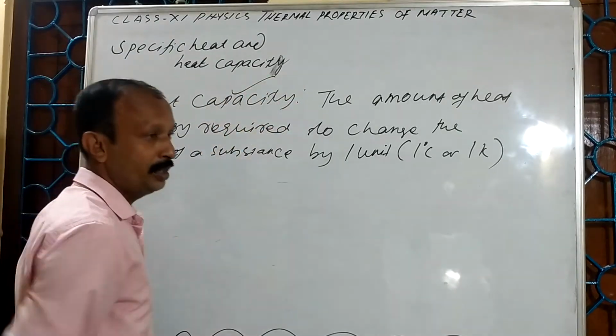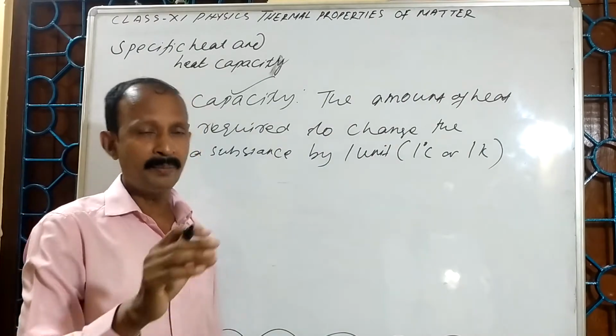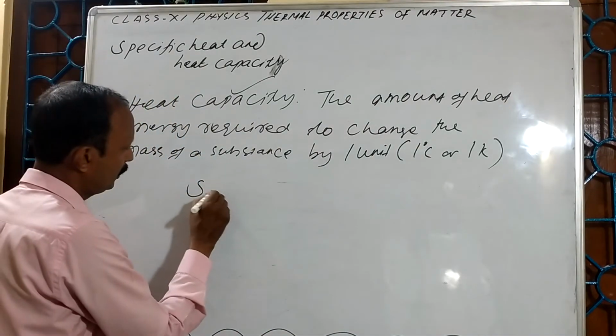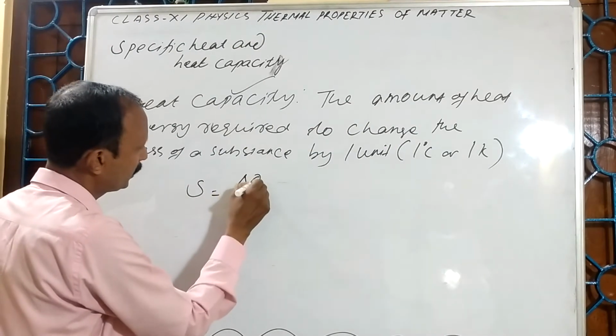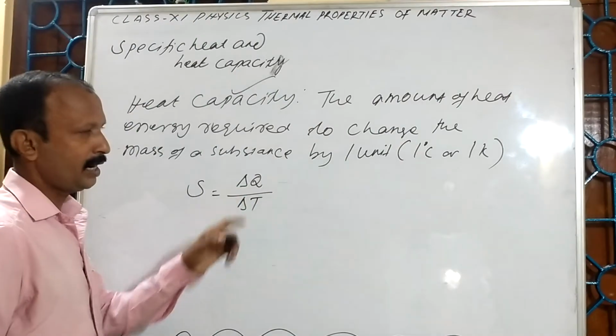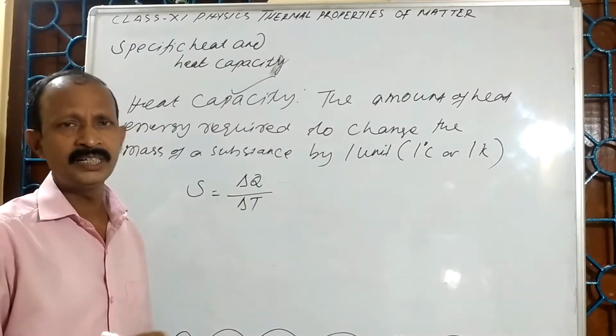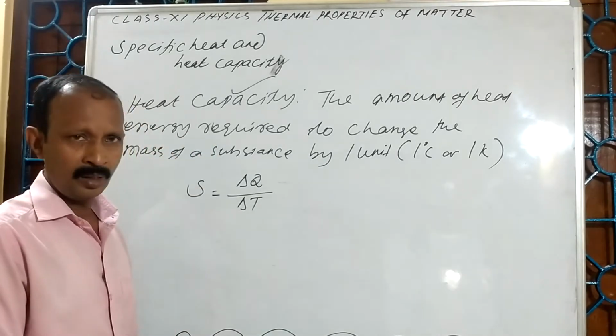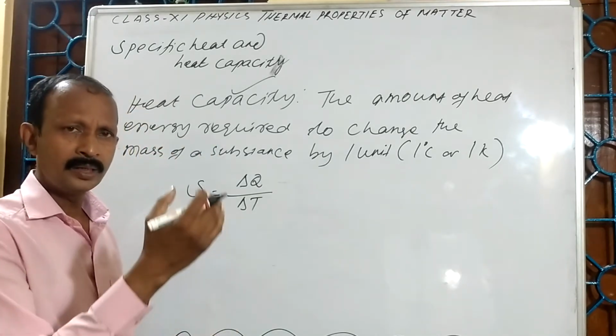that is called heat capacity. So mathematically I can write that heat capacity is equal to delta Q upon delta T. Delta Q is the amount of heat energy, either it is absorbed or it is released.